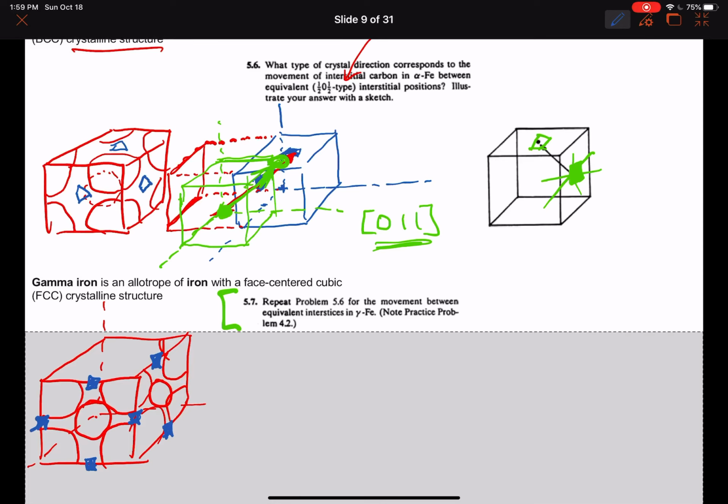And so the same exercise, if we start to simplify our drawing, I'll try to draw that a bit better, focusing only on where the initial and final positions of one of these carbon atoms might be.